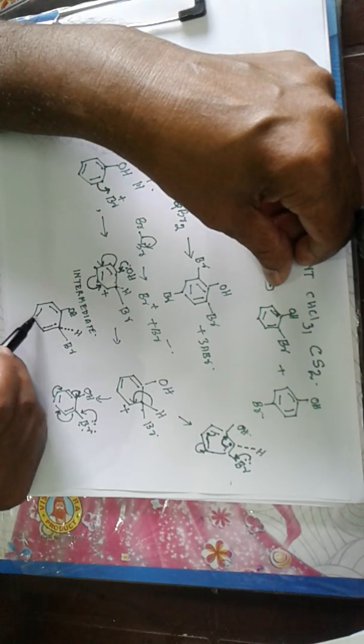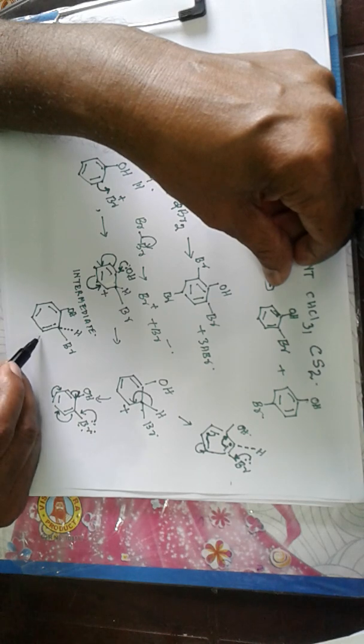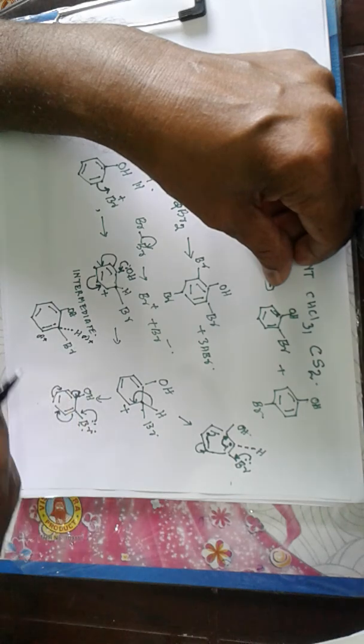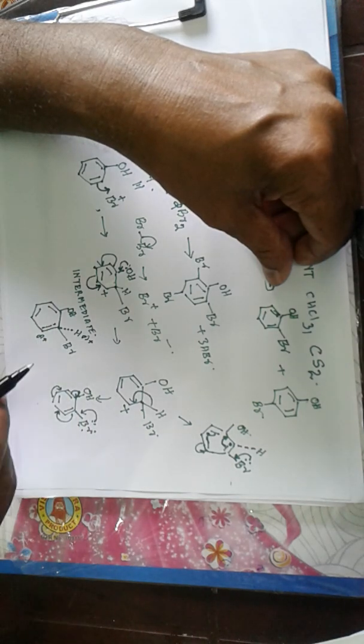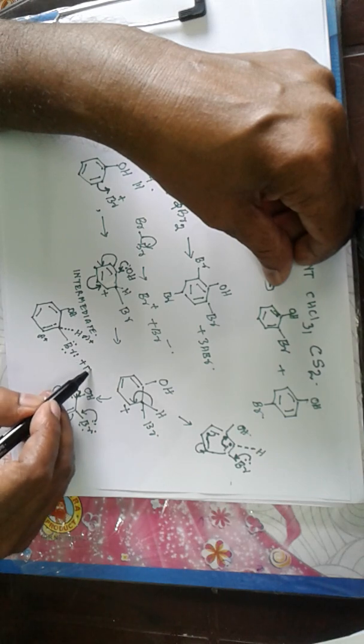There is a full bond, and so this will be an approximate picture of the transition state leading to the product. So there will be a delta positive charge here and a delta positive charge here. Now this transition state can be stabilized by the +M effect of bromine.